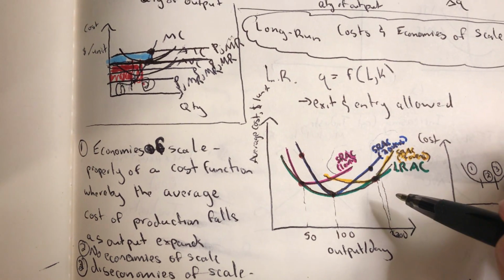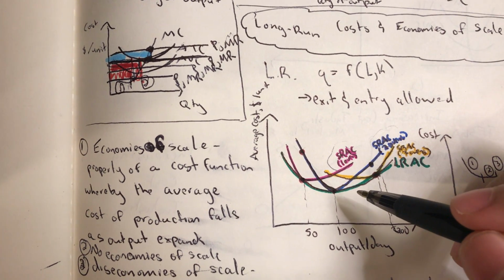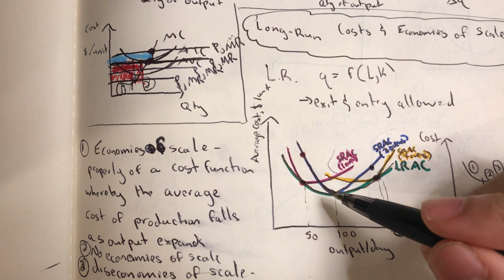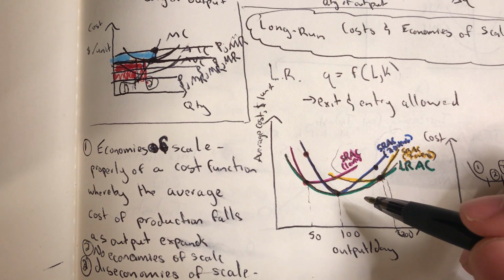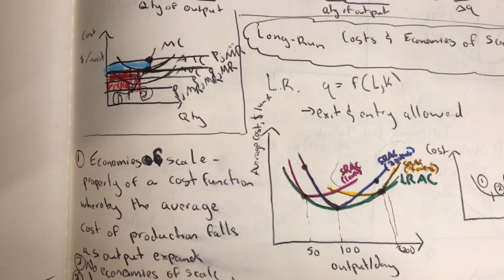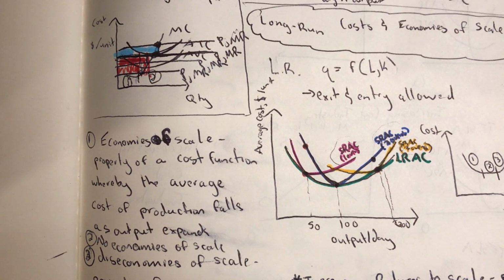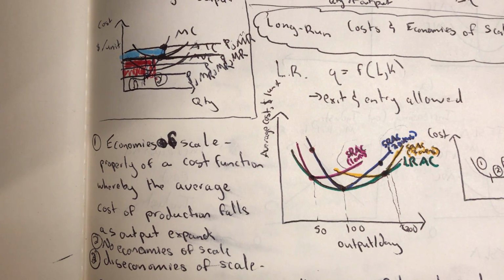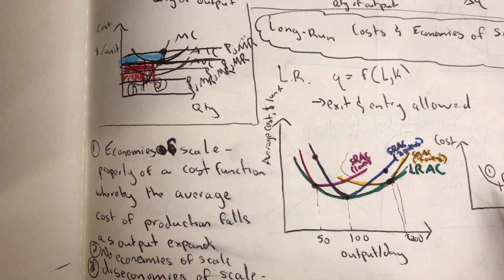We can think of the macaroon example that we have. You can optimize in the long run the perfect input of capital for whatever amount of production that you want to produce.